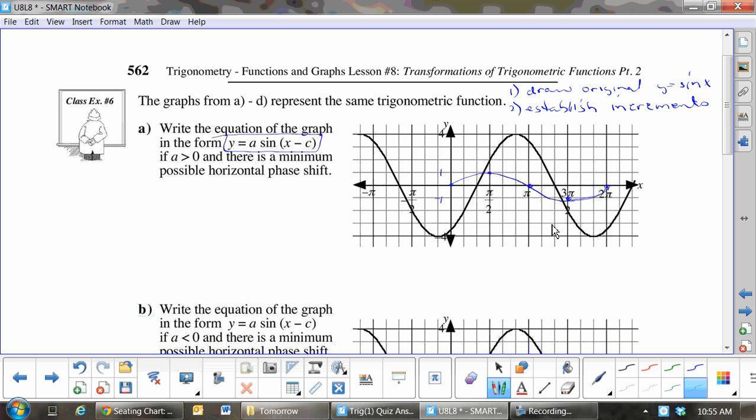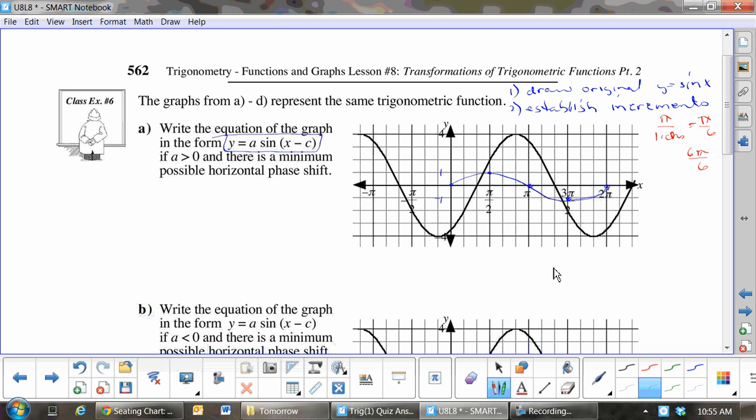Make sure that works out that way. So, establish the increments. You want to take pi and divide by the number of ticks, which will equal, in this case, pi over 6. Just make sure that 6 pi over 6 is there when you count them out.